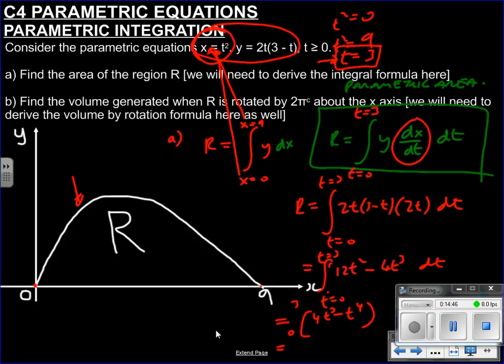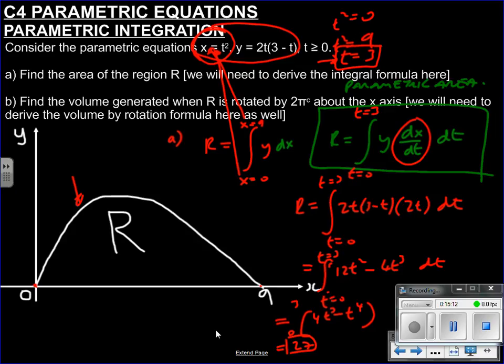So if we put that in, 3 first, 4 times 3 cubed minus 3 to the power of 4. So that's 27. Subtract 0, so the answer is 27. Yeah, because the last limit is 0.